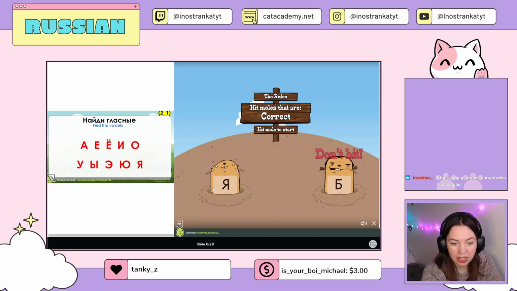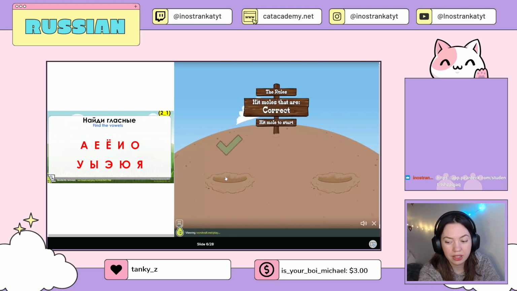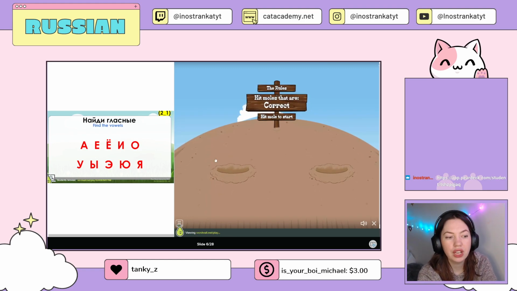The first one has a vowel, ya, so this is the correct one, we need to hit it. Another one doesn't have any of these letters, so we are not hitting it. Again, there is a, it is a vowel, we hit on it. So we try to find only the vowels, glasny.